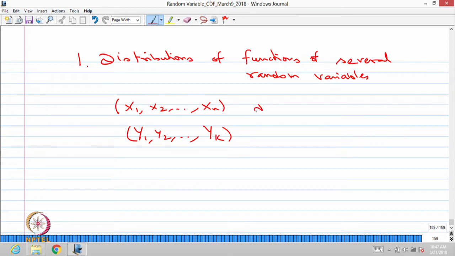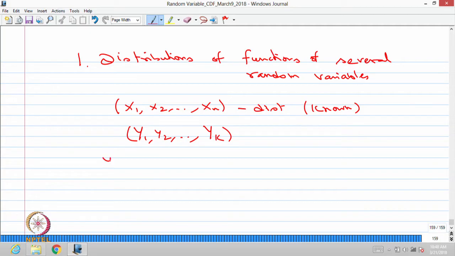So, we know the distribution of this random vector, that is known. We are going to find out what is the distribution of y1, y2, yk when we know the distribution of x1, x2, xn. For that, we are going to create the relation of yi's in terms of xi's.